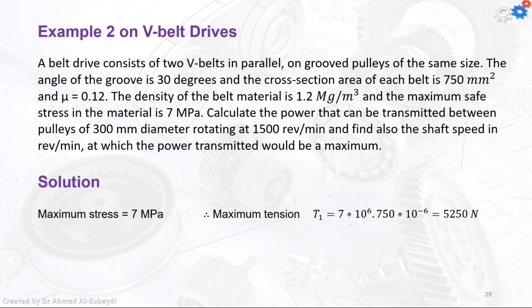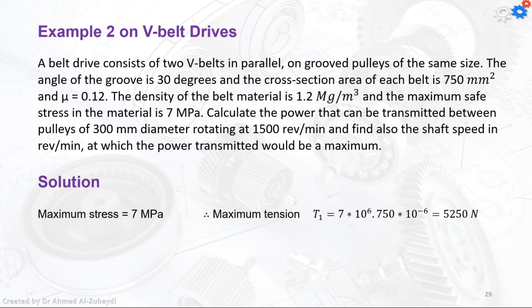We have a belt drive consisting of 2 V-belts in parallel. So we have 2 belts on grooved pulleys of the same size. The angle of the groove is 30 degrees, and the cross-sectional area of each belt is given as 750 millimeters square. The coefficient of friction is 0.12. The density of the belt material is 1.2 megagram per cubic meter.